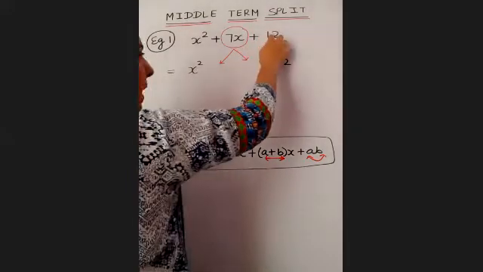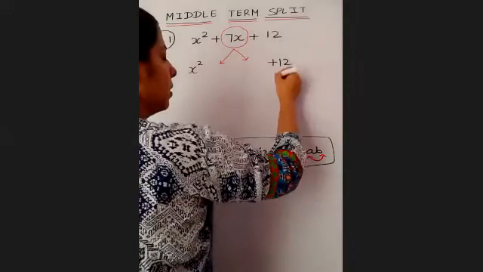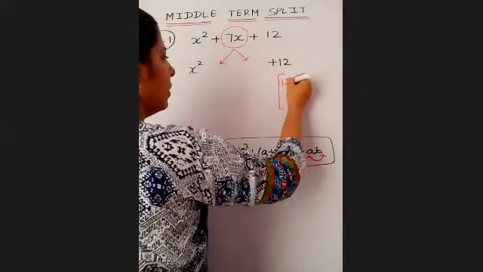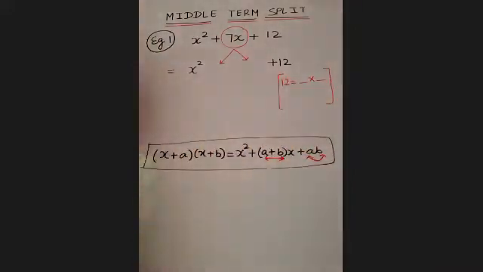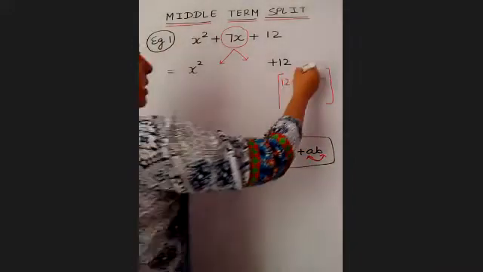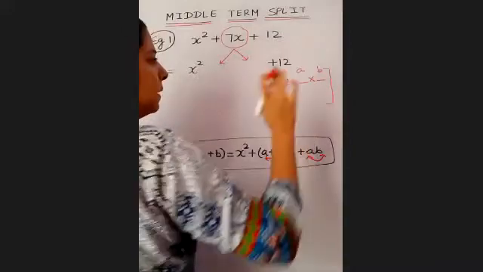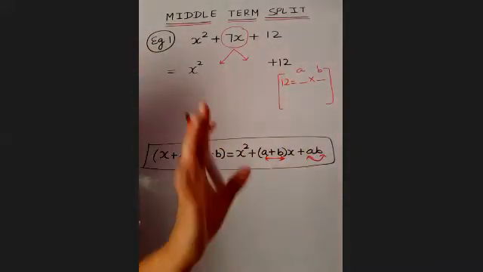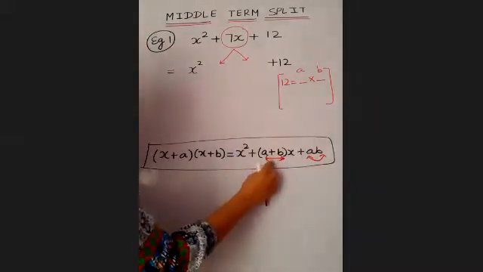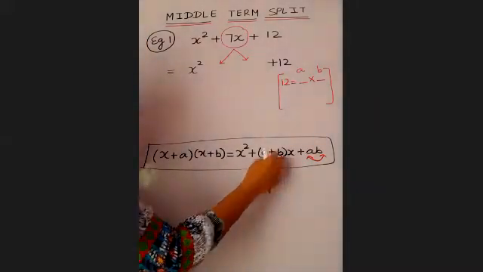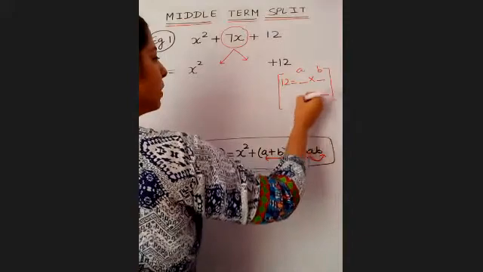So you have to focus on 12. You have to find two numbers on multiplying which you get 12. These will come as your A and B. Ma'am, 3 and 4. Wait, beta. And the same two numbers, when added, should give you the middle term.